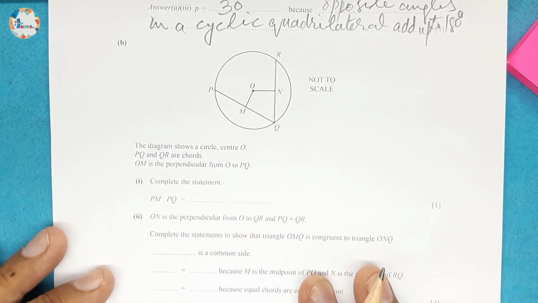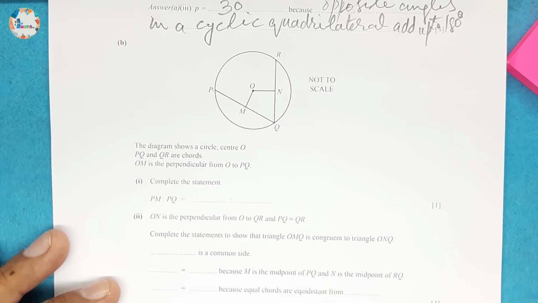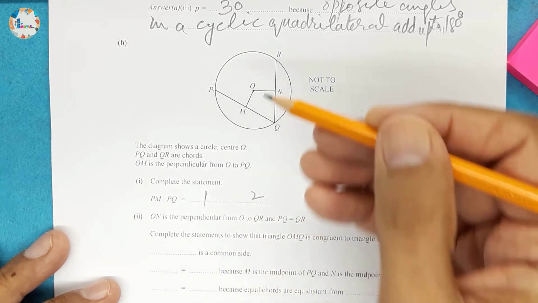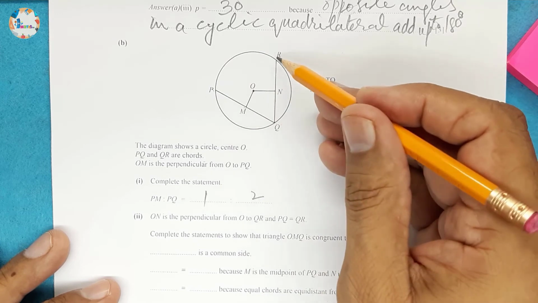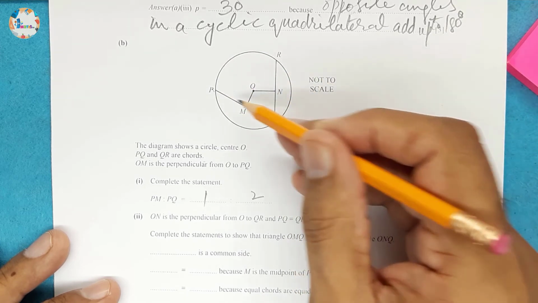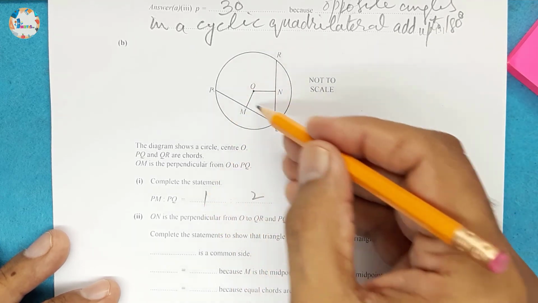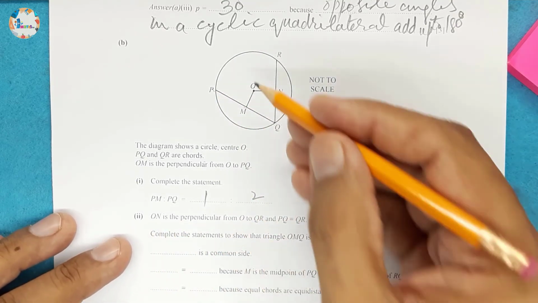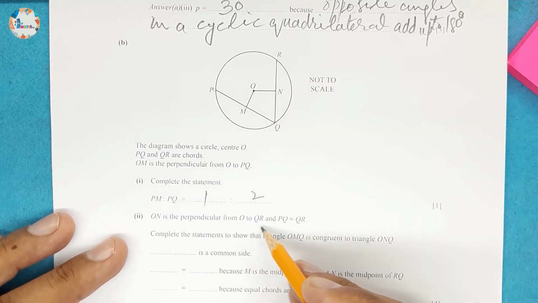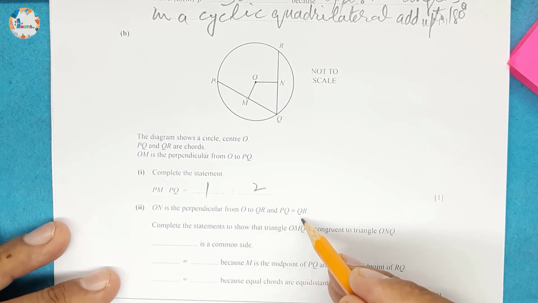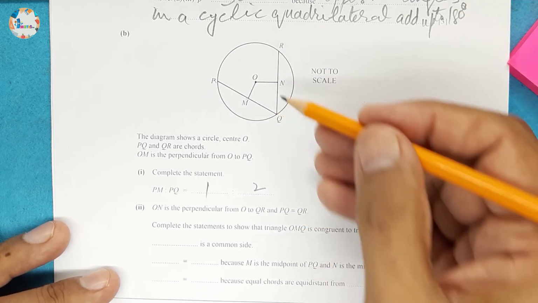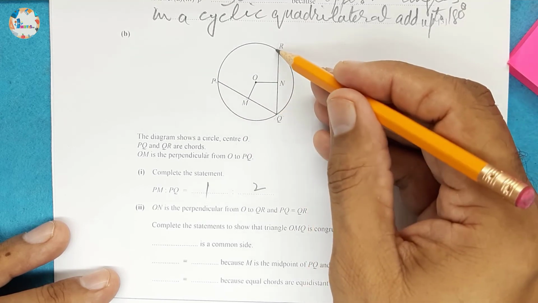PM ratio PQ will basically be 1:2. PM ratio PQ will be 1:2 because this is half. So it's bisecting basically. ON is perpendicular from O to QR, and PQ is equal to QR.